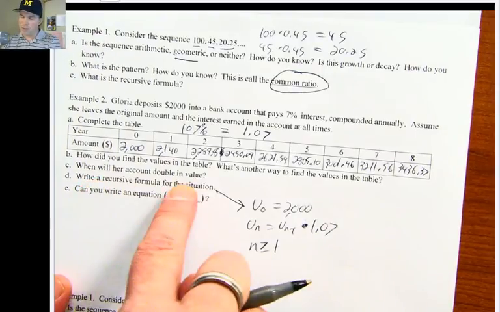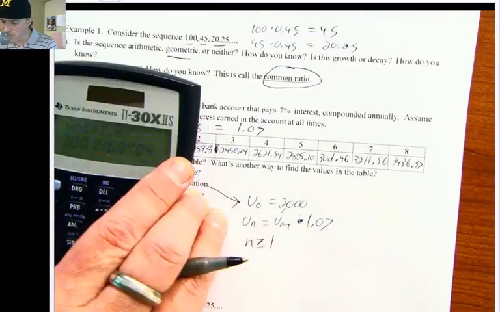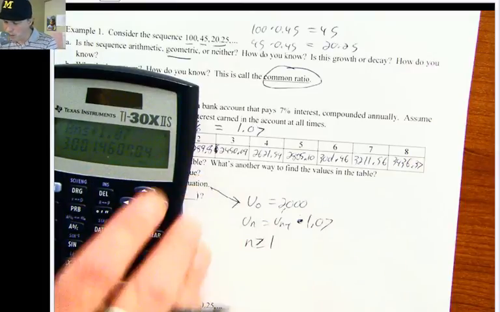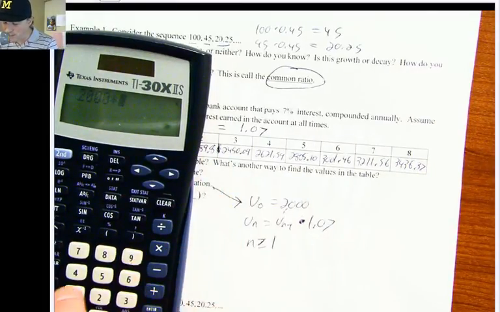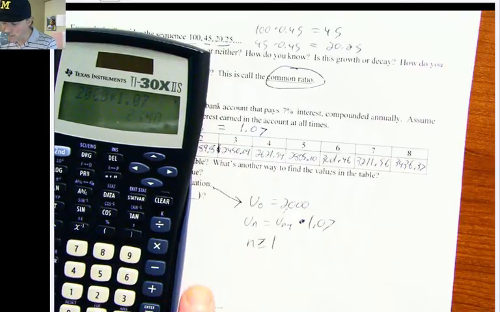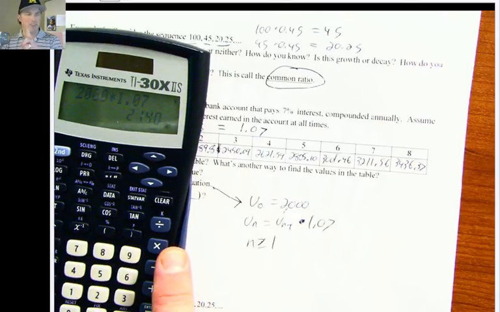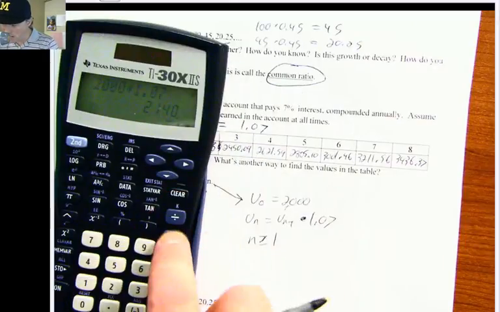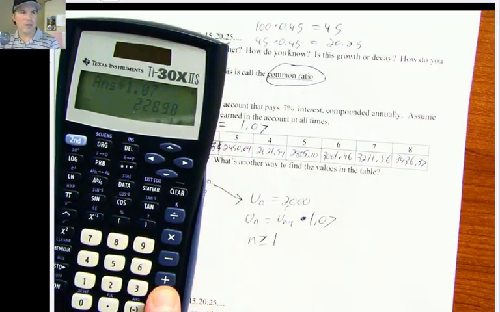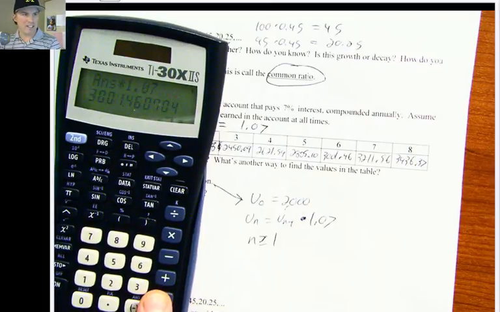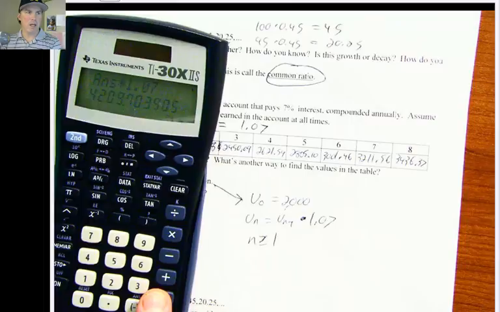Then finally, when will the account double? Well, that's just using the calculator and just doing enter a bunch of times. So if I go 2000 times 1.07, I get that. So that's 2140, that's 1. So times 1.07, that's 2, 3, 4, 5, 6, 7, 8, 9, 10, 11.